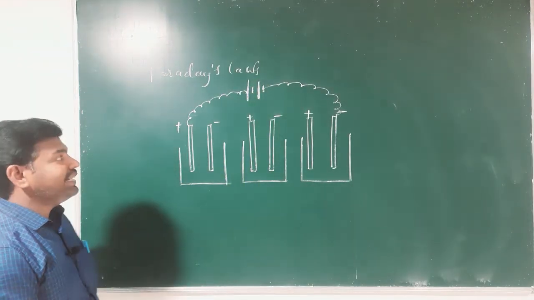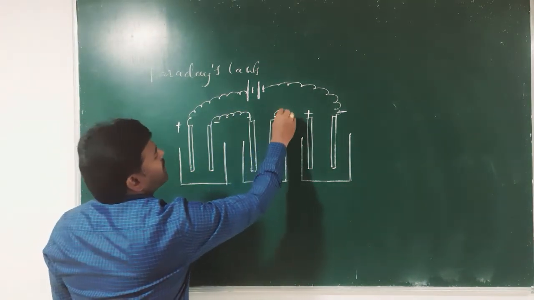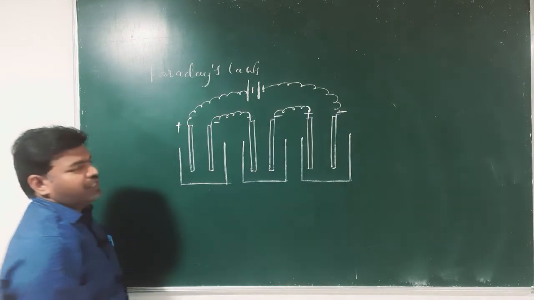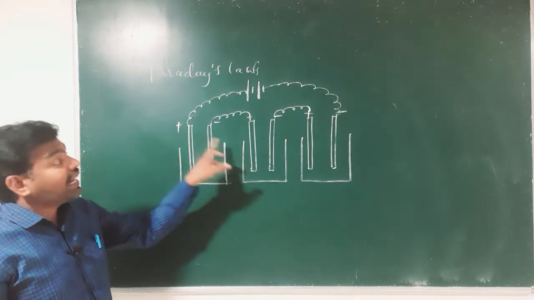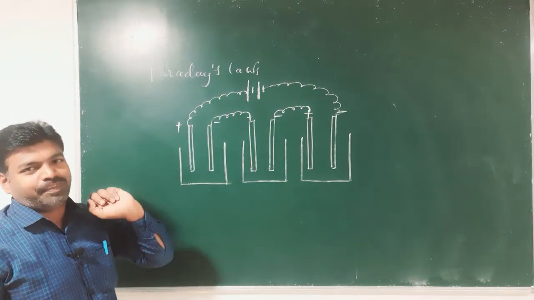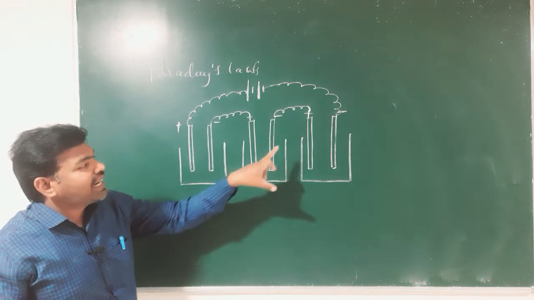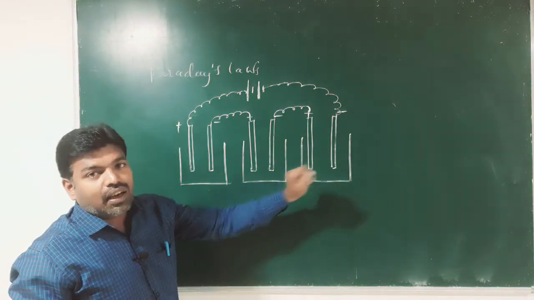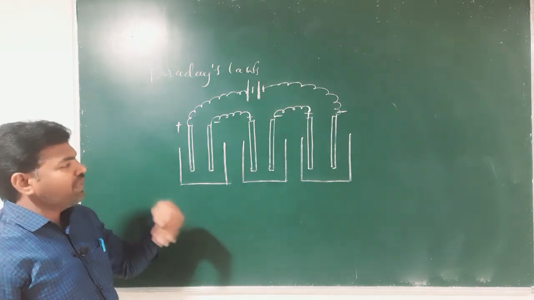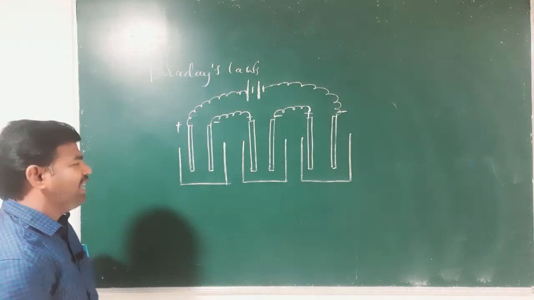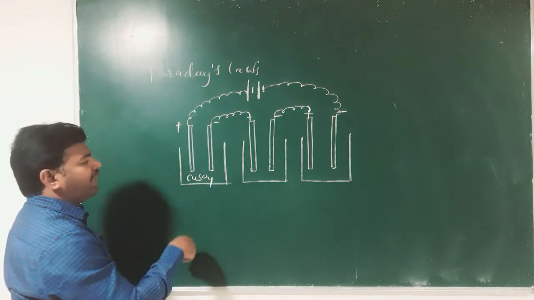Connected in series, the positive is connected to negative, and this negative is connected to positive. So, these are the 3 electrolytic cells connected in series.